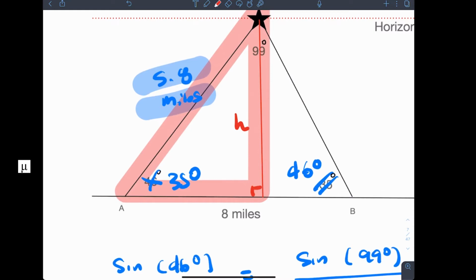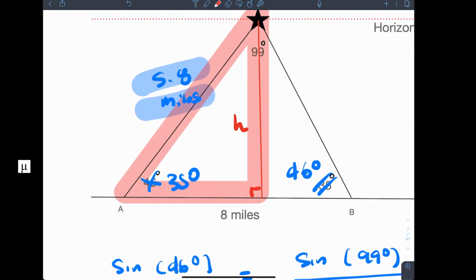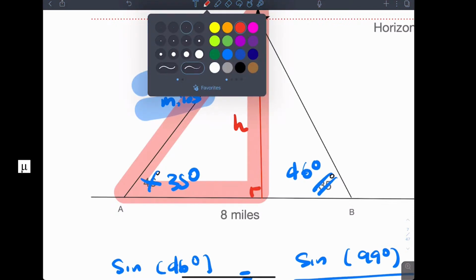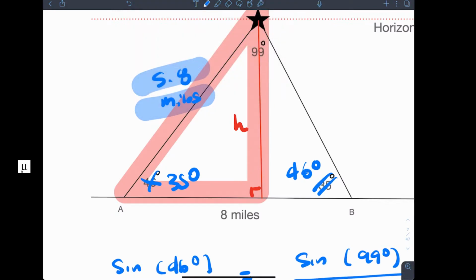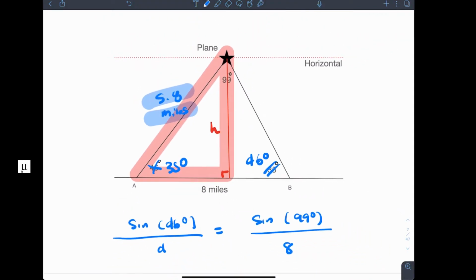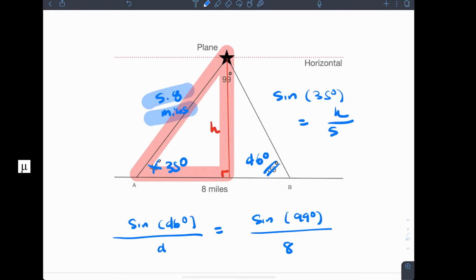You guys see what I'm saying? So you're going to use again which right triangle ratio? Sine, cosine, or tangent? How do you know it's sine? Sine 35 degrees is going to be opposite over what? Hypotenuse. Let me put it over here.